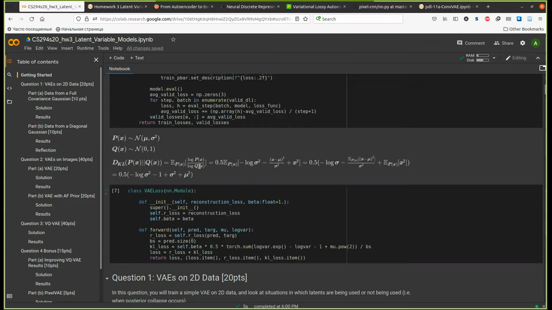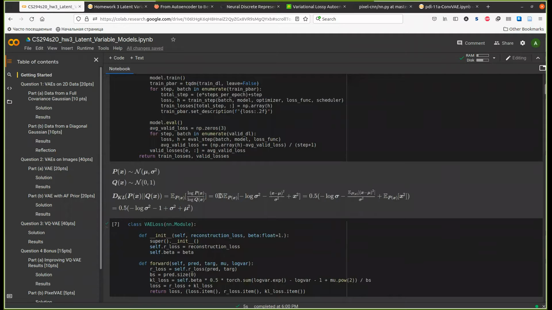For standard normal, the sigma here is 1, so the logarithm of 1 is 0 and it goes away. And we have some constants coming from both distributions, which also cancel out.